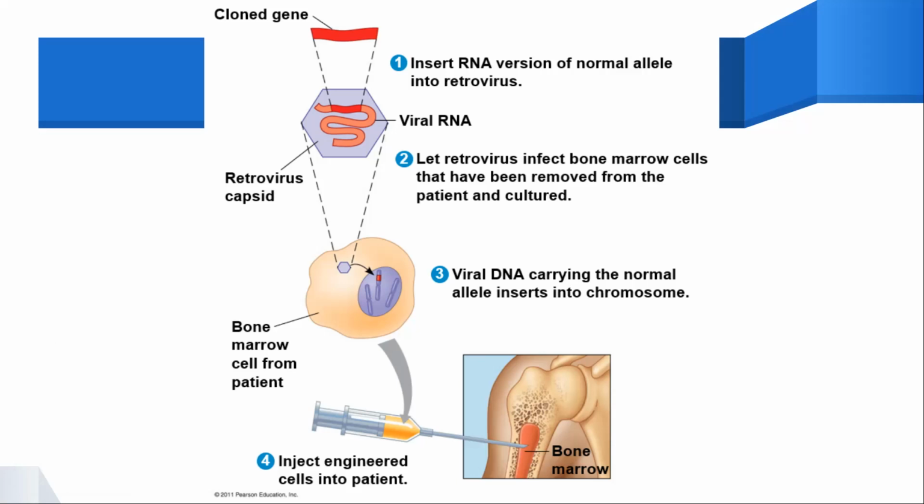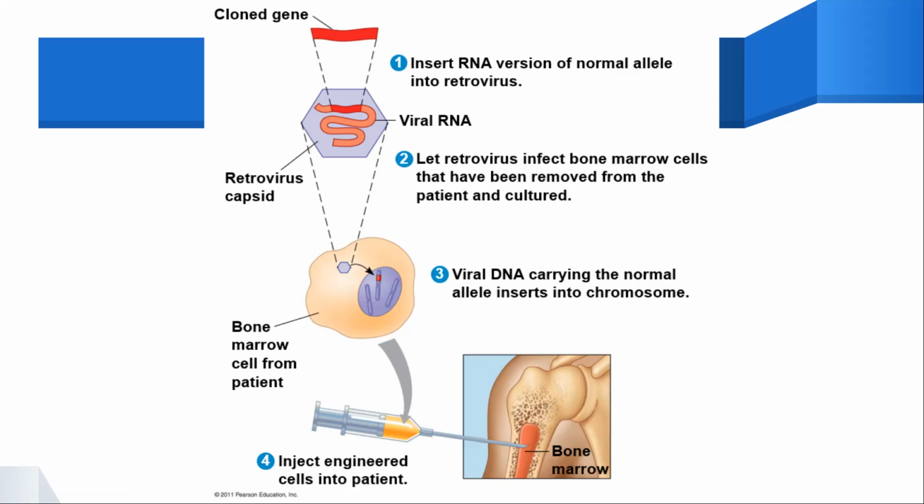So we know that viruses carry DNA or RNA, and some viruses will insert the DNA into the host DNA. And so if we take the viral DNA out and we put the DNA that we're interested in into that virus, we can inject that virus into people.